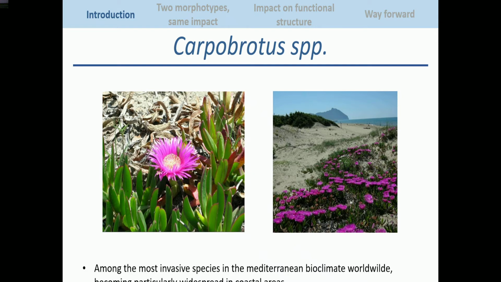But because of those tight mats, and because of its clonal vigor and reproductive vigor, it is quite competitive, and it can have a detrimental impact on the native plants.